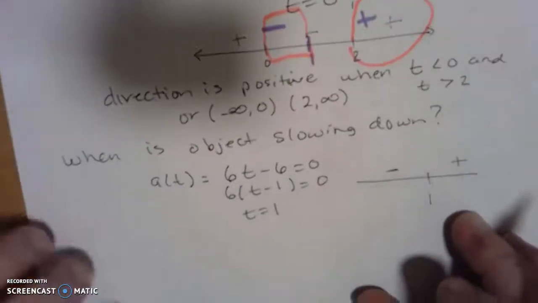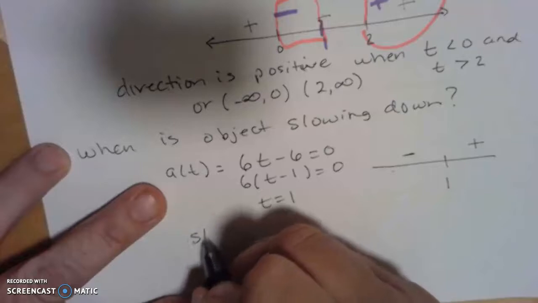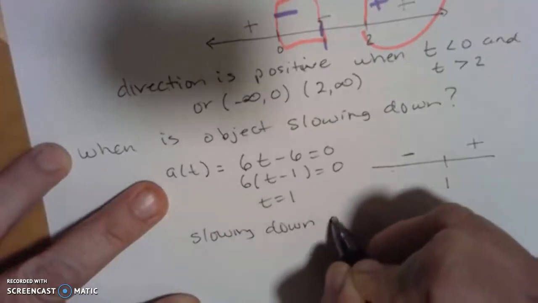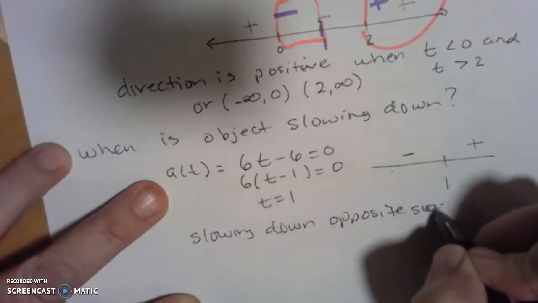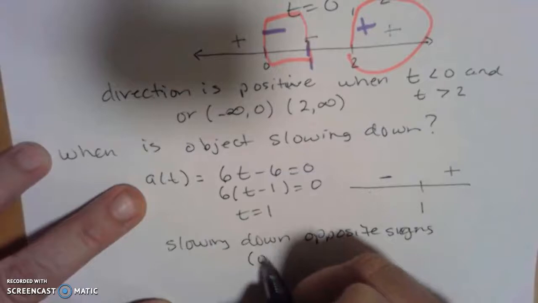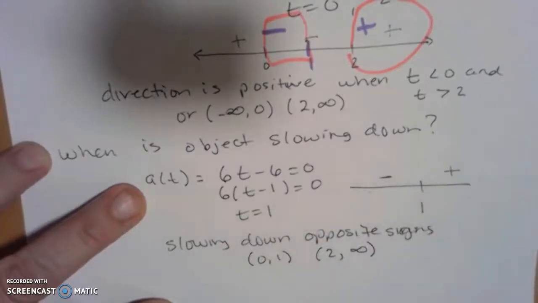So I want to compare the signs, and things will be slowing down when you have opposite signs. So we are slowing down between 0 and 1 and from 2 to infinity.